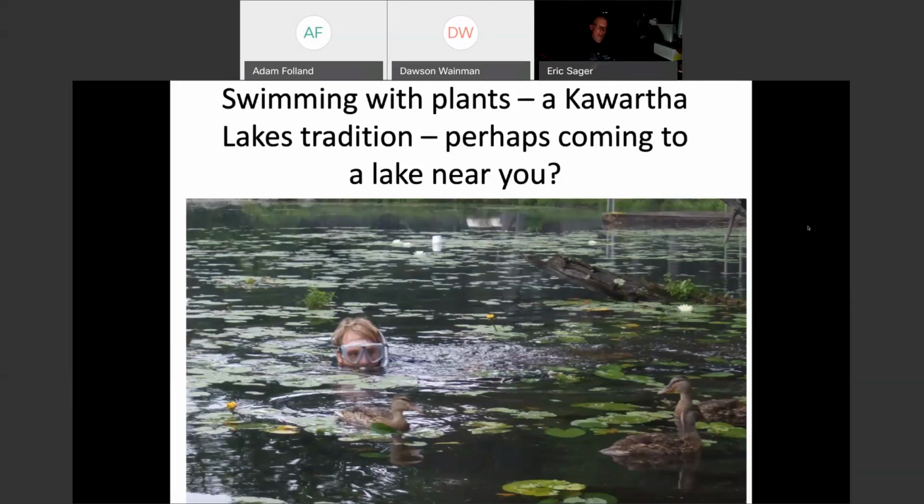A bunch of them came up and we took them out on a tour, and I was talking to one of the advisors to that committee, and he was like, yeah, we can't get any other traction on anything related to the environment, but we can get traction with invasives. So at least that keeps it on the agenda.